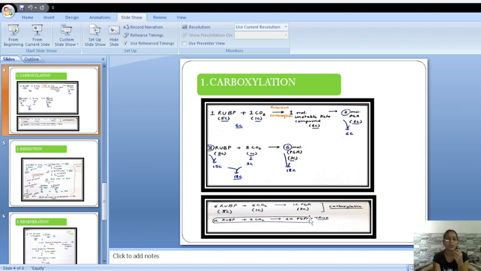It's simple. We know that the PGA generated is twice the number of RuBP. So if I'm taking Y molecules of PGA, then definitely I would have taken Y by 2 molecules of RuBP. If I'm taking 2Y molecules of PGA, I must have taken Y molecules of RuBP. It seems a bit complicated, but it's not that complicated.